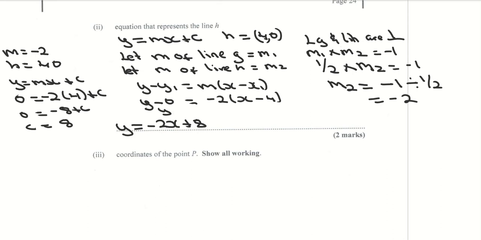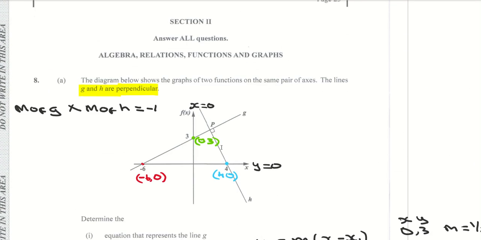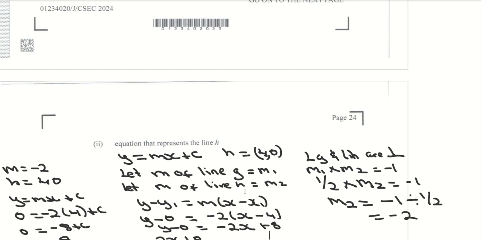That is y minus 0 is equals to -2x plus 8. If I carry across minus 0 it becomes plus 0, so I see that y is equals to -2x plus 8, and that would be my answer. So now I know my equation of the line for line H.